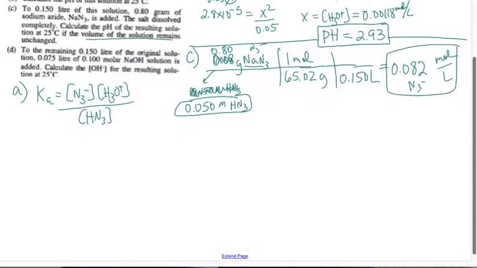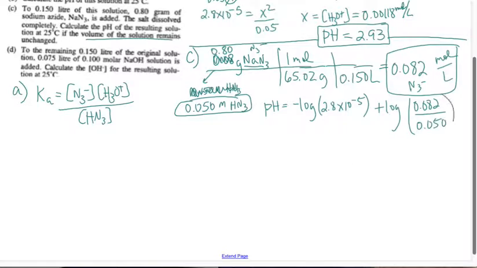So now we have everything we need for Henderson-Hasselbalch. pH equals the negative log of the Ka we had above of 2.8 times, not the pKa, the Ka, taking the pKa, plus the log, concentration of the ion, 0.082, over the concentration of the acid, 0.050.